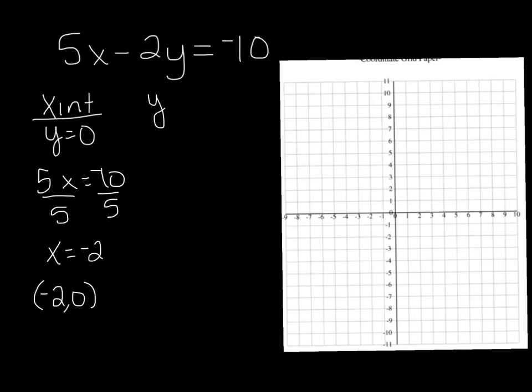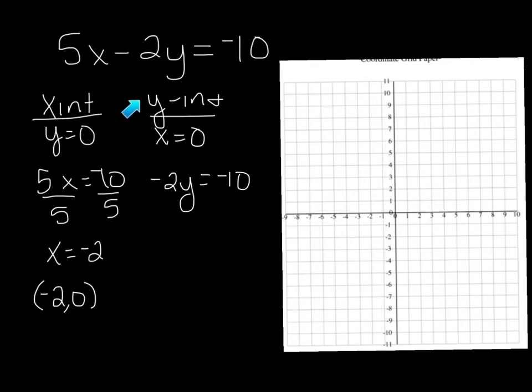Your y-intercept, remember x equals 0. So that means that this part right here becomes 0, so 5 times 0 is just 0. So we're left with negative 2y equals negative 10. Notice how I still put the negative in front of the 2 because that negative sign goes with the 2, not with the 5. Divide by negative 2.